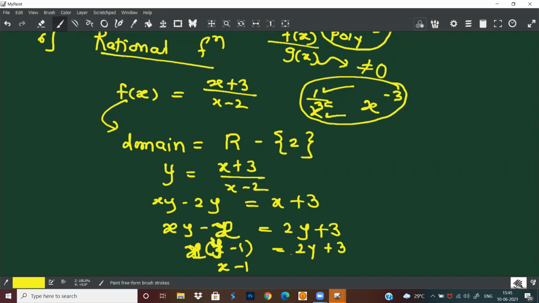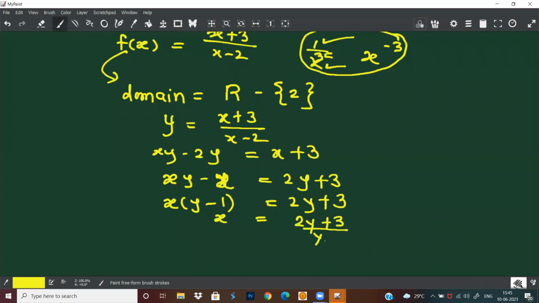Correct? Right? The x terms, this is my x. You follow? So make x the subject for range.